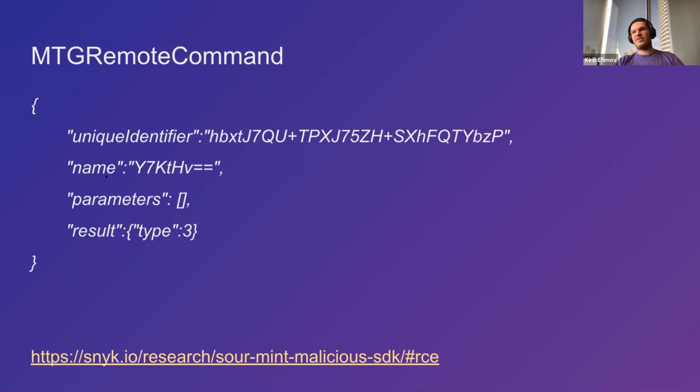Name is the method name to call. Parameters is an array of arguments for that method. And result is just a helper for MTGRemoteCommand to figure out how to serialize data back to the result. By the way, this is the same base64-like encoding as I mentioned at the beginning, not normal base64.